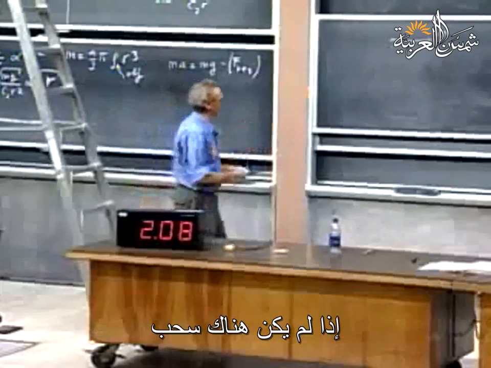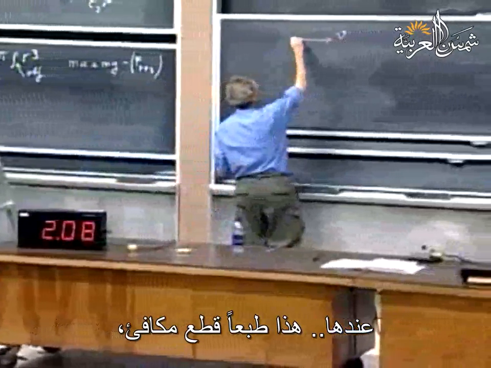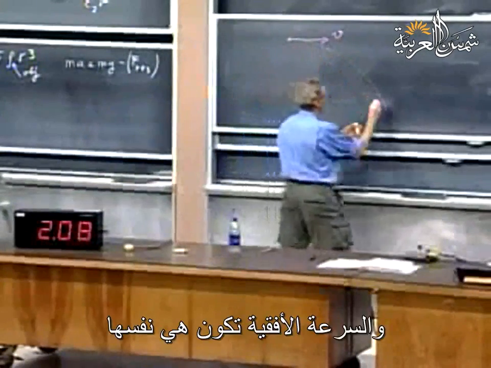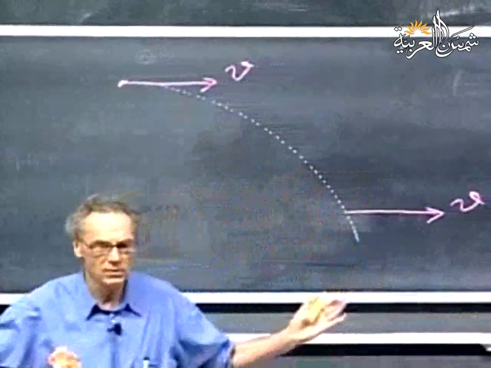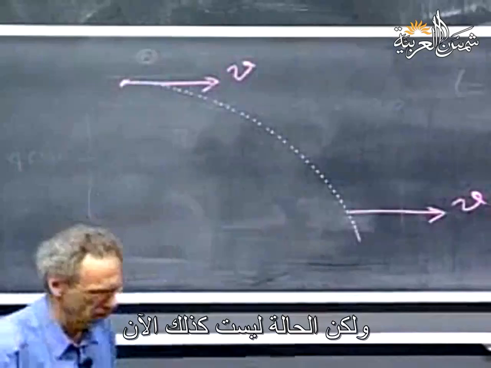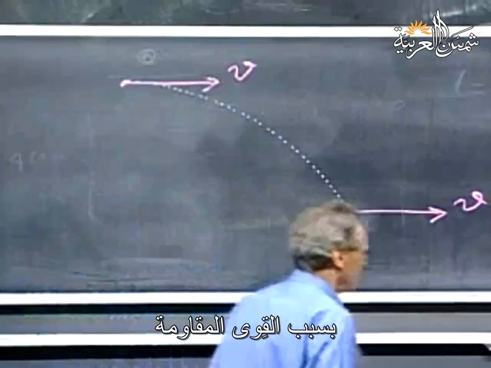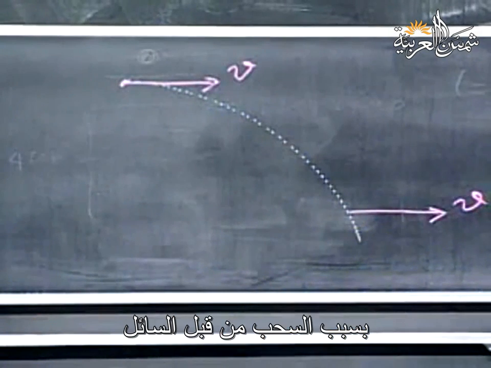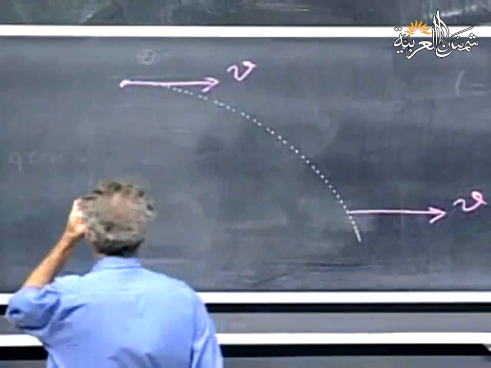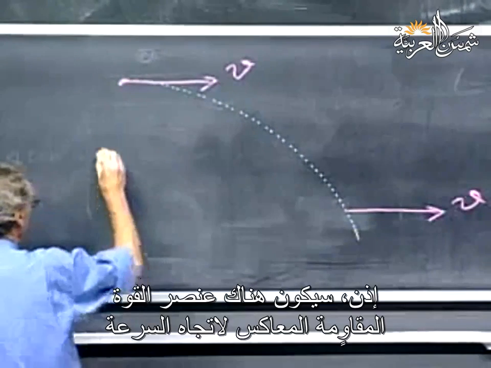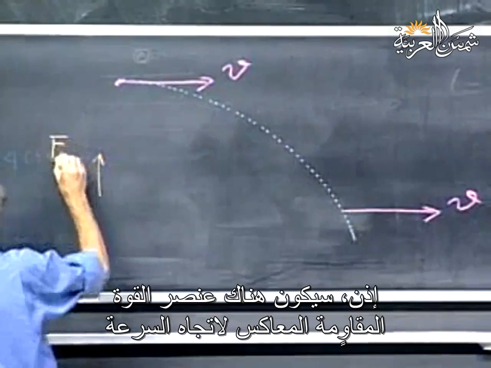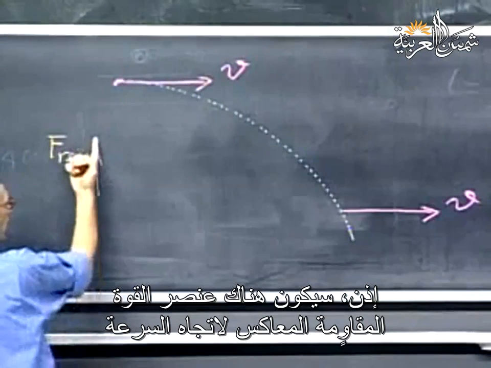If there were no drag, then this, of course, would be a parabola, and the horizontal velocity would always be the same. There would never be any change. But that's not the case now. Because of the resistive forces, because of the drag by the liquid, the object is going to get a velocity in this direction, so there's going to be a component of the resistive force opposing it.